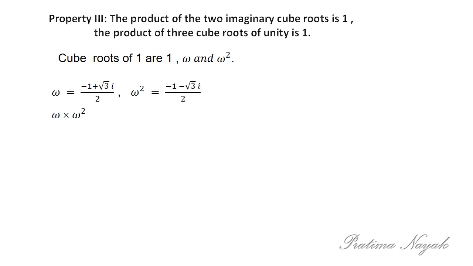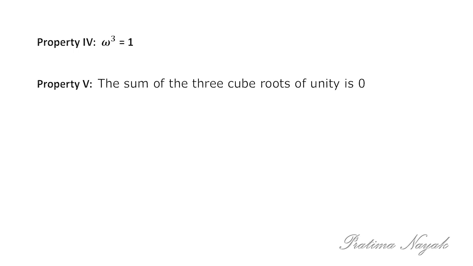Now omega into omega square, if we multiply, it will be simply (a plus b)(a minus b), that is equal to 1. Similarly, 1 into omega into omega square, that is omega cube, is also equal to 1. Omega cube is equal to 1, we have already discussed.